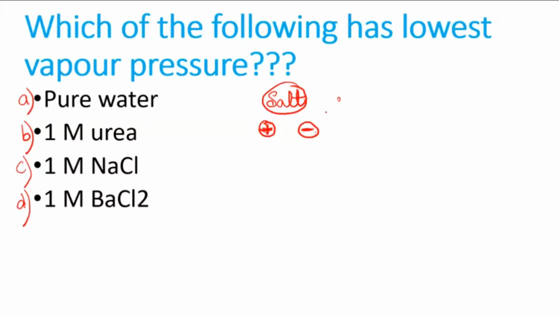When you put them into the water, they dissociate into 2. So then the blockage will become more, because we know colligative property depends on the number. We are not considering the nature. Now here the number has increased. So if the number increases, it will decrease the vapor pressure. So now think in that way and answer.